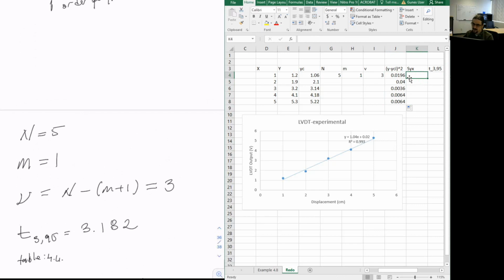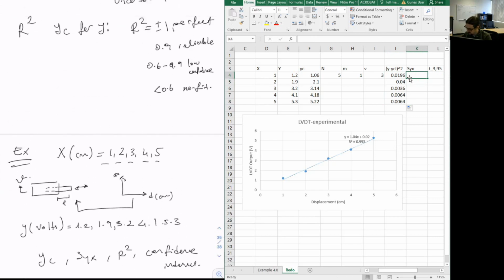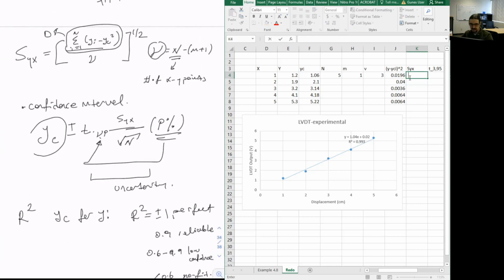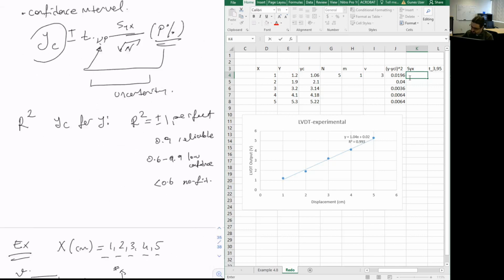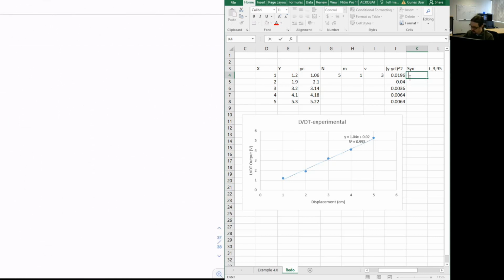If you go back to the notes or the lecture that we did, let's figure out where the Syx was. Syx was defined in terms of the difference, D. Let's write it down here so that will be easier for everyone to remember.